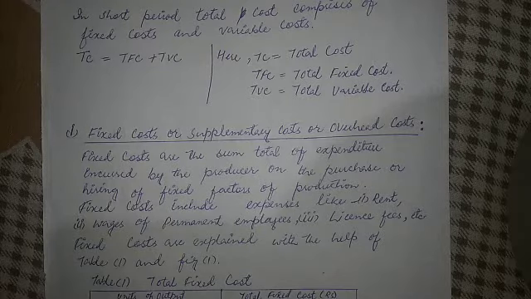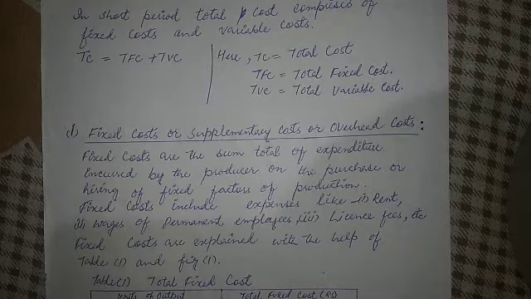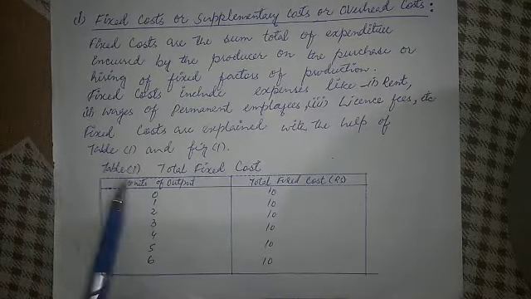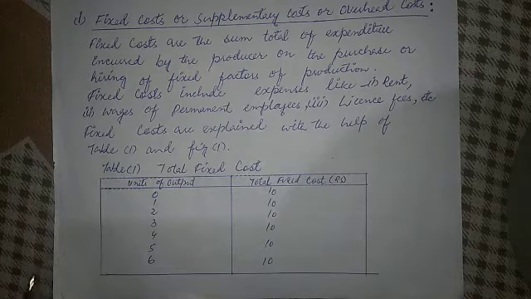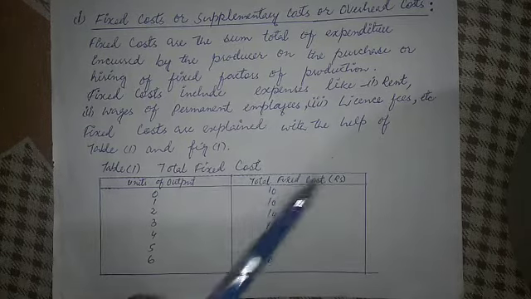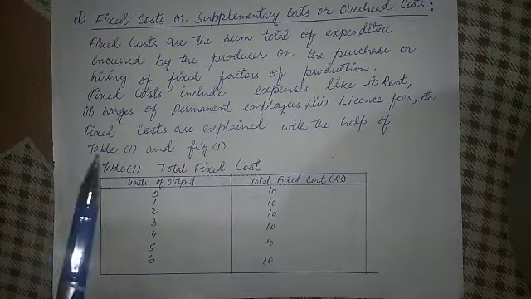Now, fixed costs are explained with the help of table 1 and figure 1. This is the table 1. It shows the units of output and the total fixed cost.